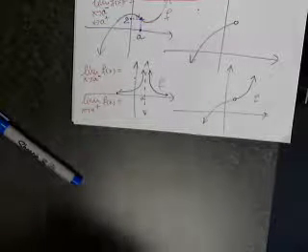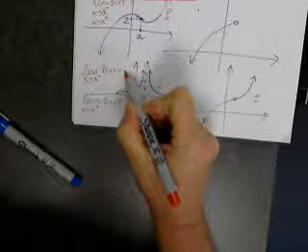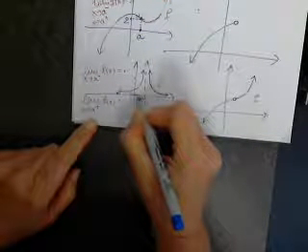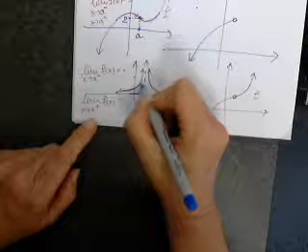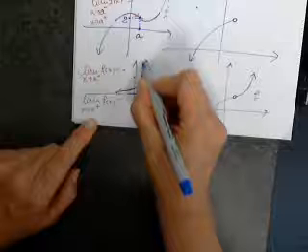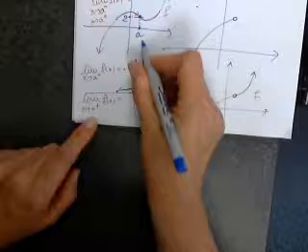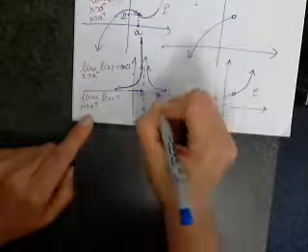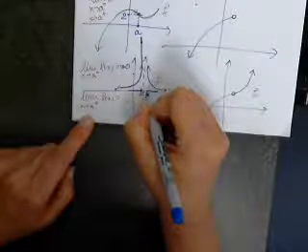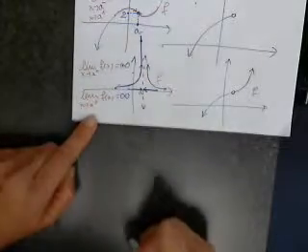So from the left, what will you say? Follow my pen. As x approaches a, the function values get closer and closer to negative infinity. Now as x approaches a from the right, gets closer and closer to a, the function values approach infinity.